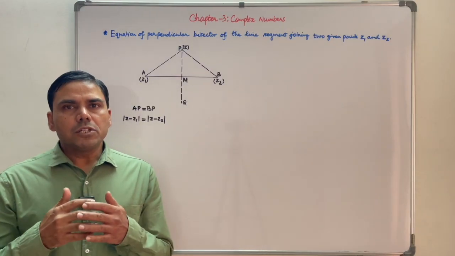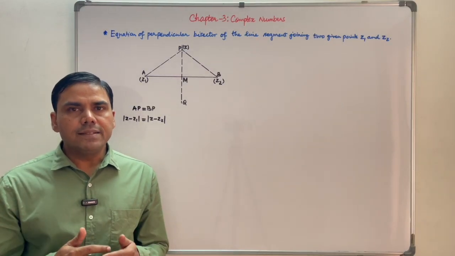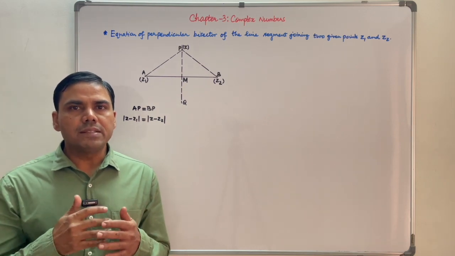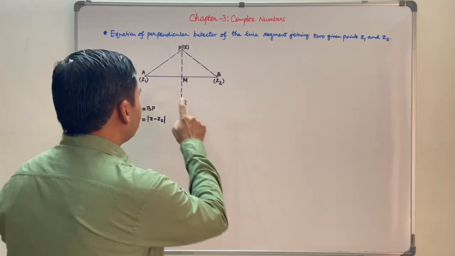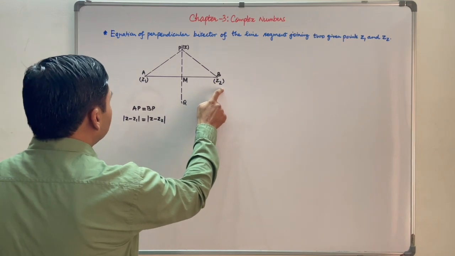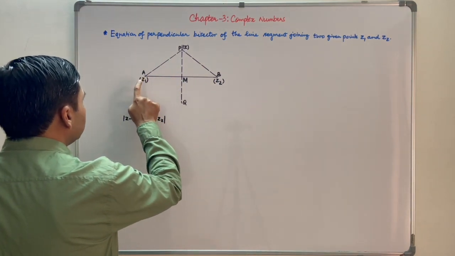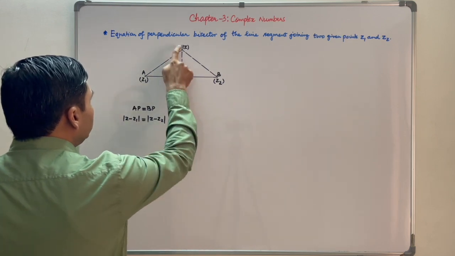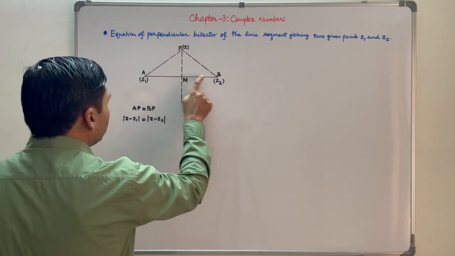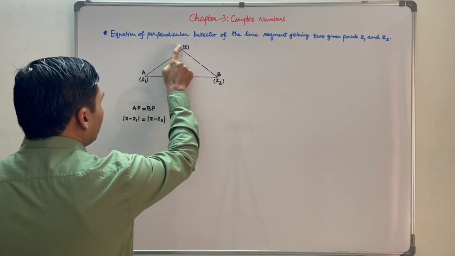Now let us see equation of perpendicular bisector of a line segment joining two given points z1 and z2. Suppose AB is line segment. Its endpoints A and B are represented by two given points z1 and z2. PQ is perpendicular bisector of AB. Take a point P on PQ.